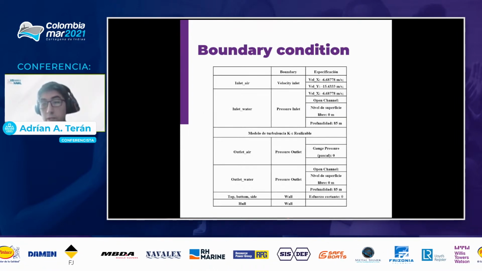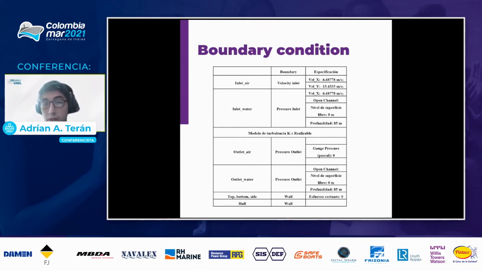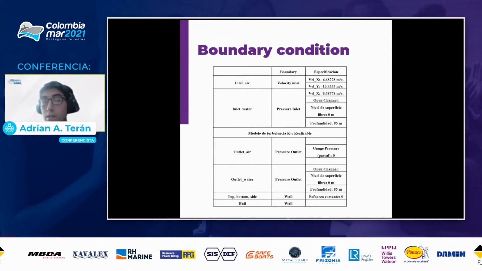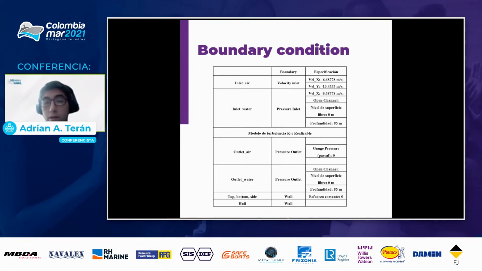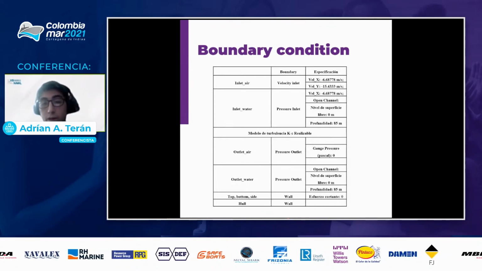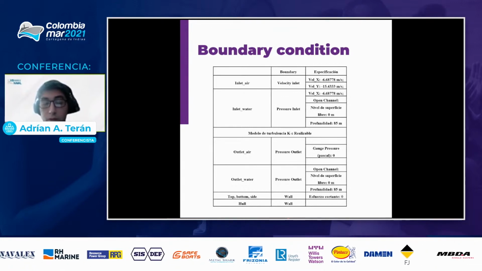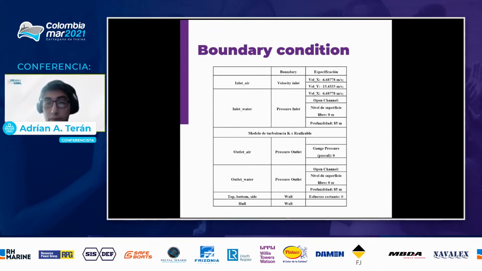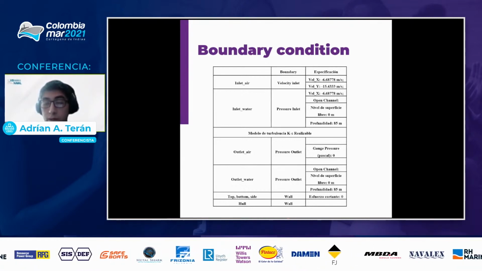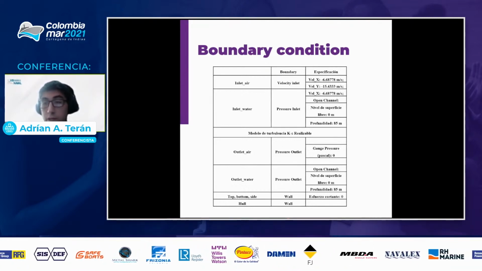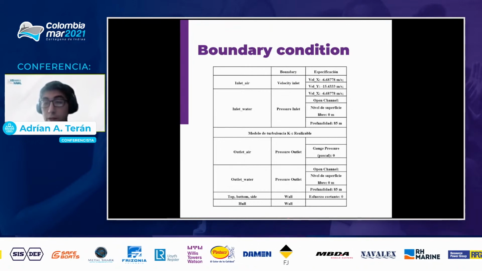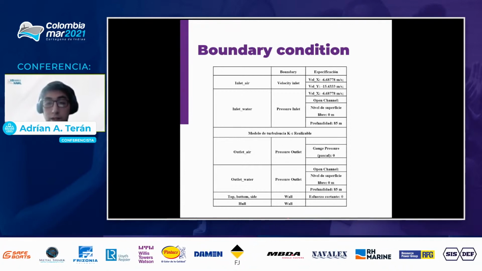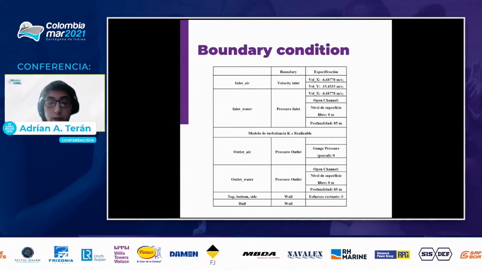Okay, as for the boundary conditions, these are the conditions I mentioned before: the air inlet, which is the speed, the operational speed of 13 knots, and the wind speed alongside, which is about 30 knots. The water inlet uses a pressure boundary, which can seem contradictory, but that's due to the fact that we have to enable an option known as open channel, which allows for a larger depth of the water during the analysis.